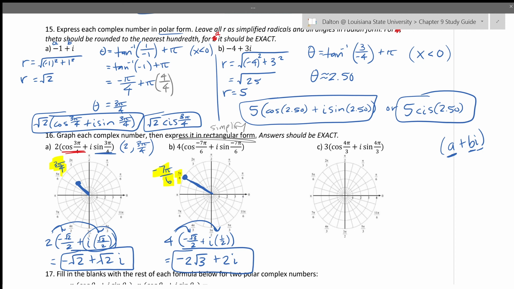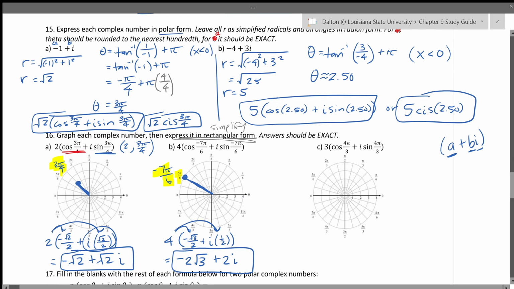Example C, graph this polar number first. So 4 pi over 3 will be this angle here. And then r is 3, so I want to go 3 in that direction, which will be here. So there's that complex number.